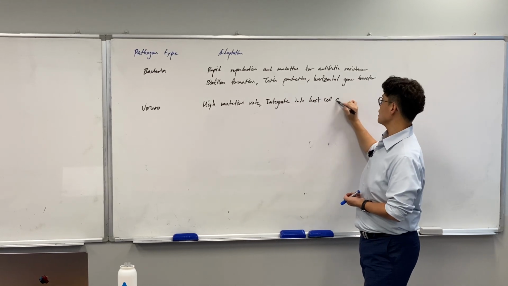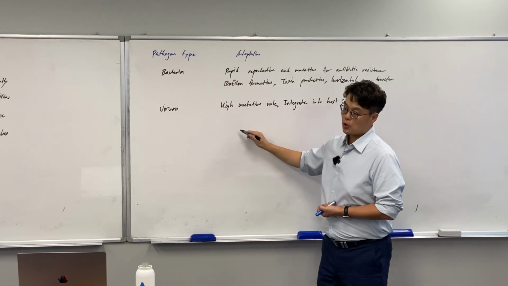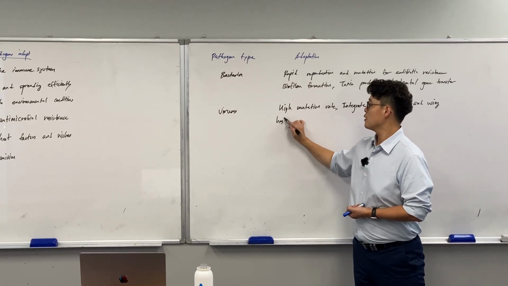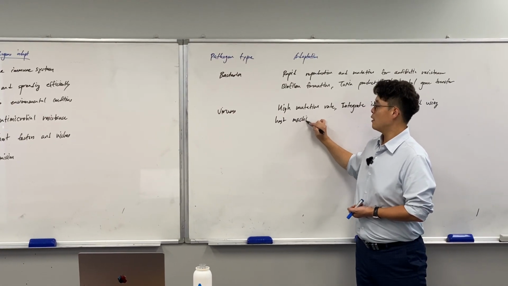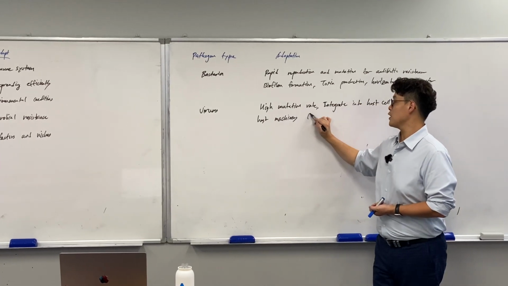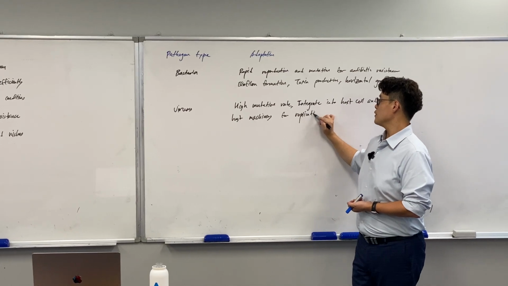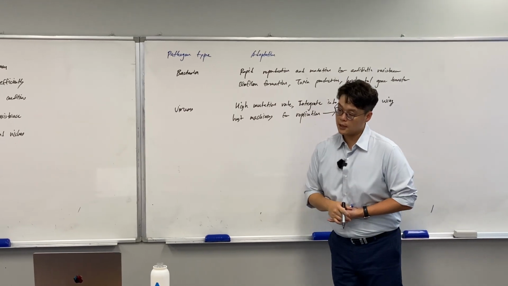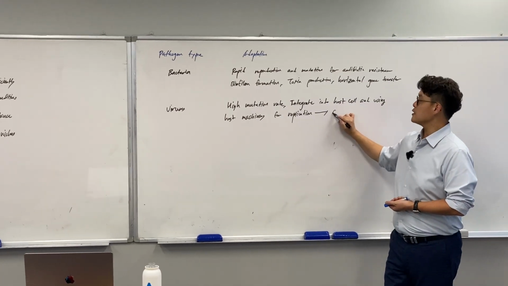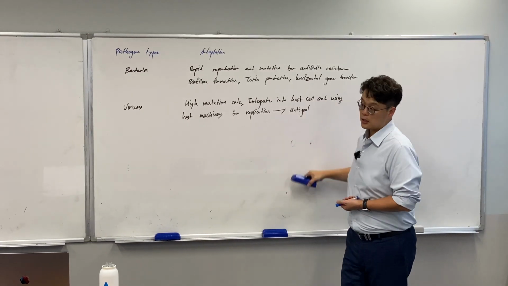Again, using, I love this term, using the host machinery for the replication, for the reproduction, or the replication, I should say. This means that a lot of things are given, they are antigenic, like a variation.